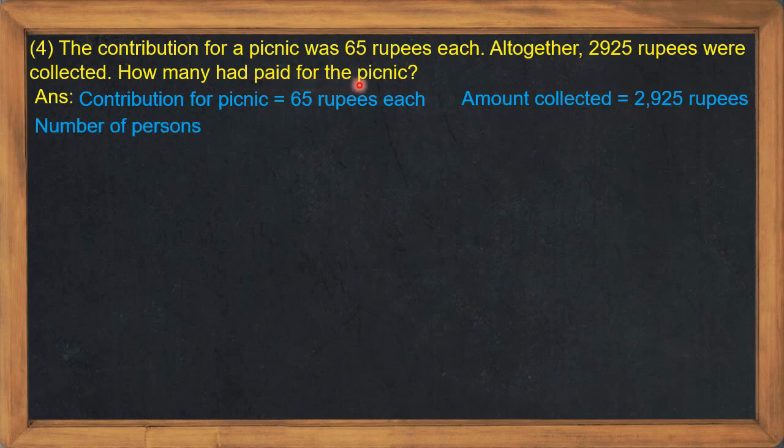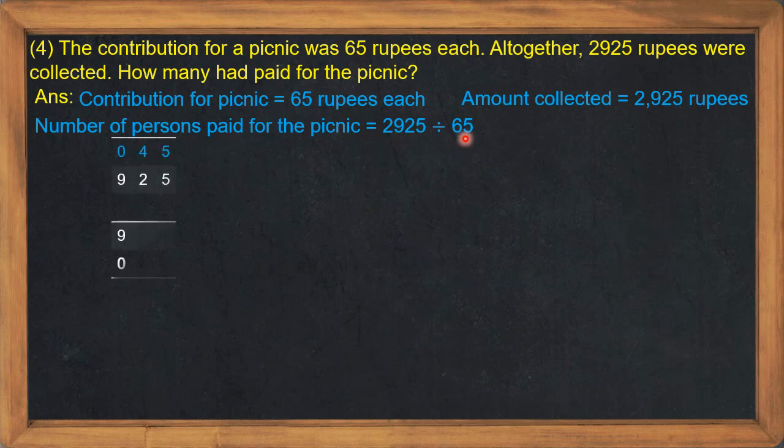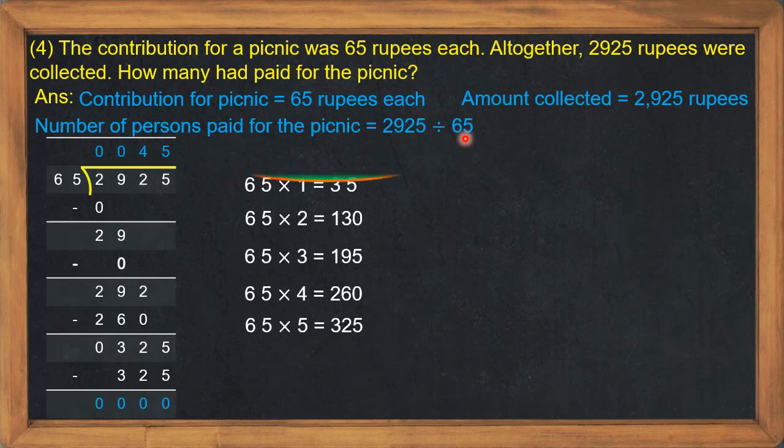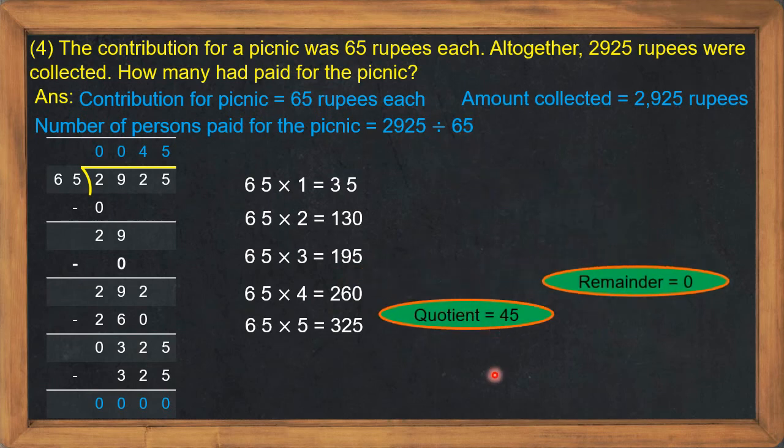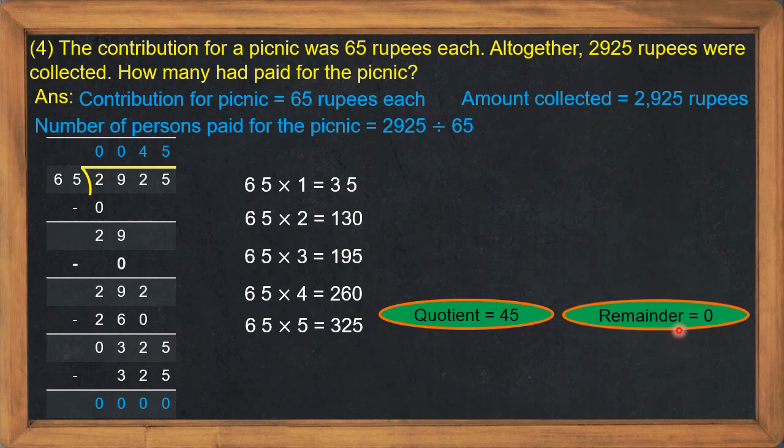So, let us divide the total amount collected by the contribution by each person to get the answer. So, let us divide 2,925 by 65. So, here we get the quotient as 45 and the remainder as 0. Hence, we get 45 persons had paid for the picnic.